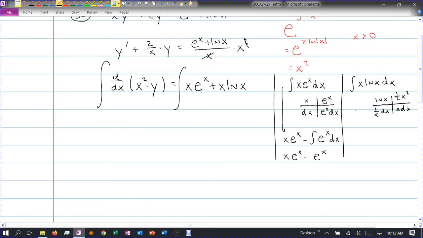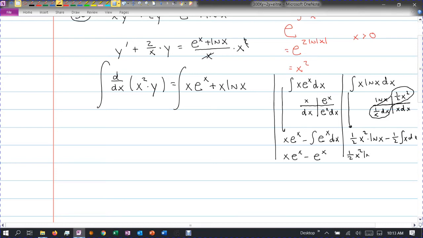And now that'll become 1/2 x squared times natural log x minus 1/2 integral x dx. So when I put those two together right there, one of the x factors cancels and I get a 1/2 out front, so that's why I pulled that 1/2 out.